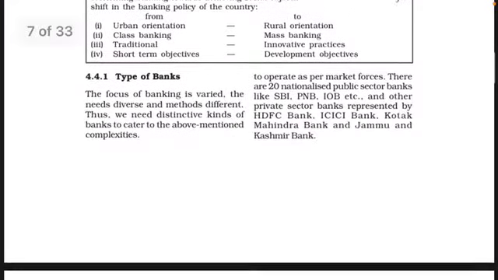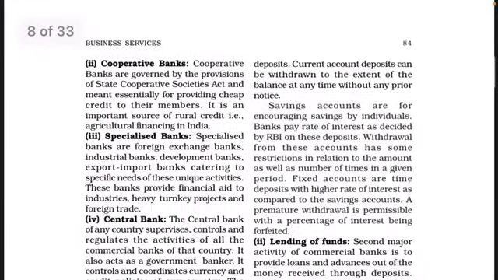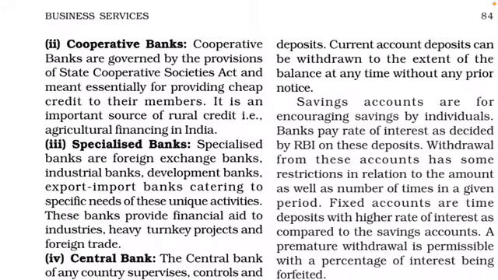The next type of bank is cooperative banks. Cooperative banks are governed by the provisions of state cooperative societies. These are banks for the cooperative societies, and their main purpose is to provide cheap credit to their members. The members of the society can get cheap credit from these banks, and these banks are actually meant for the fulfillment of a social objective, because they help raise the standards of their members by providing them cheap credit.